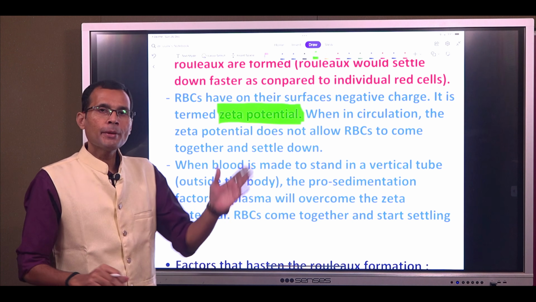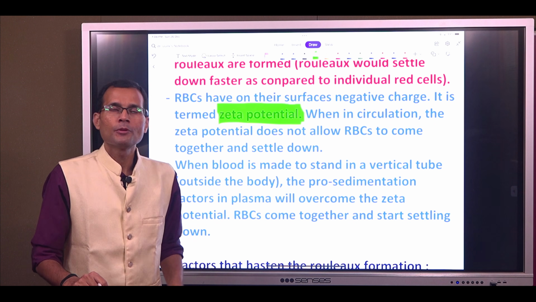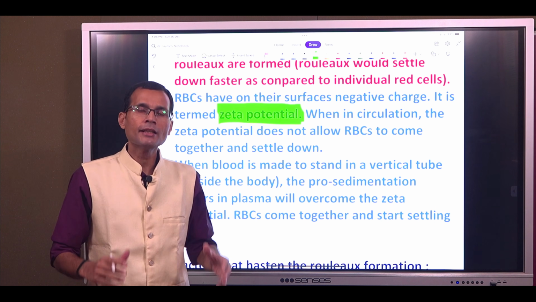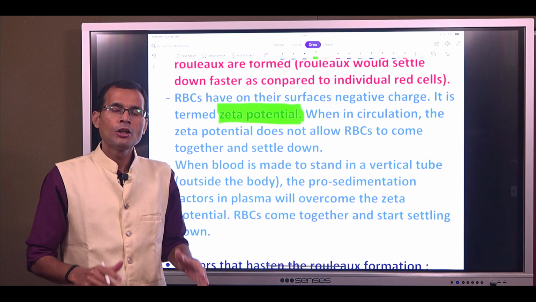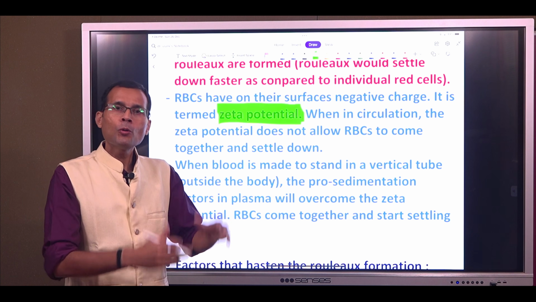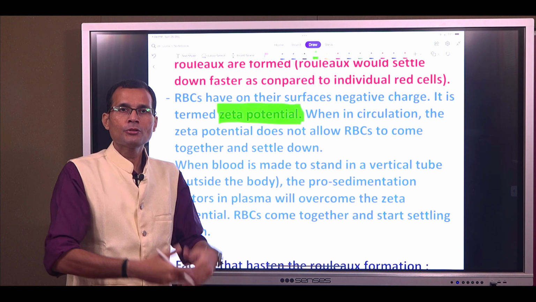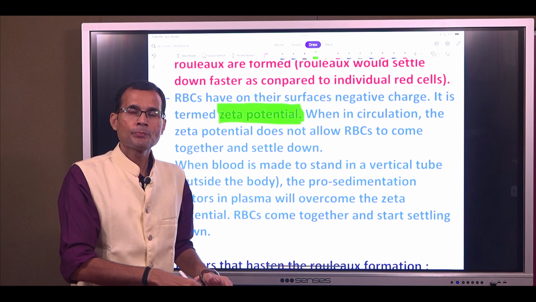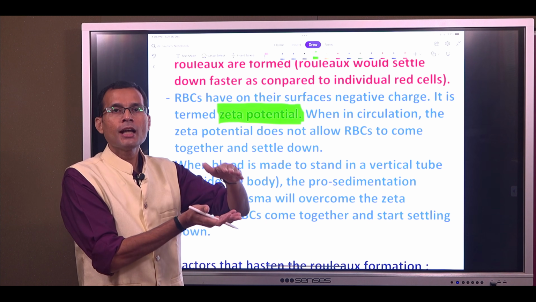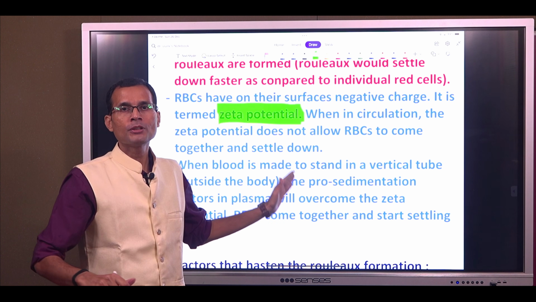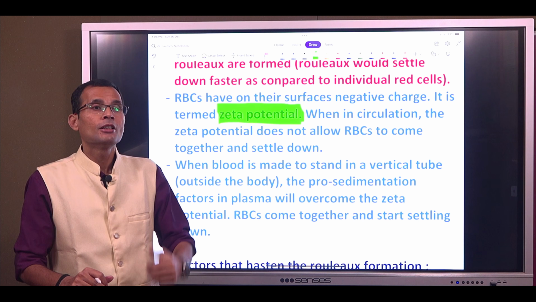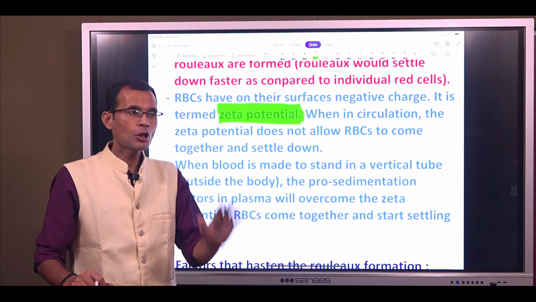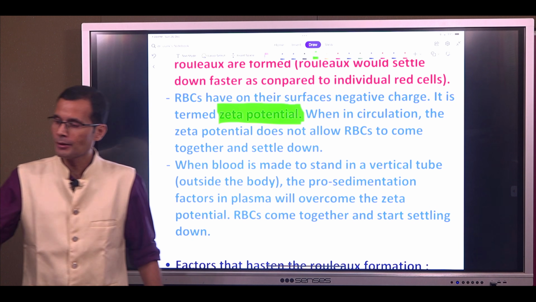But when blood is made to stand in a vertical tube, there are certain factors in the plasma which overcome this zeta potential, and then the RBCs will come together to form the rouleaux, or rather rouleaux formation will be hastened because of those factors in the plasma.